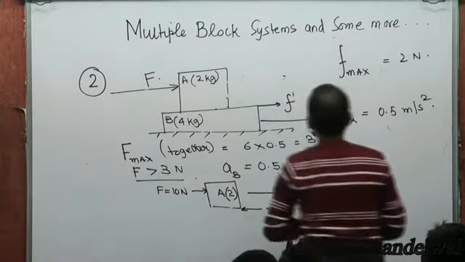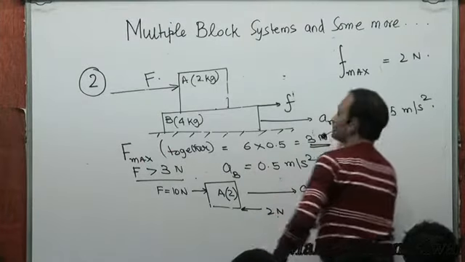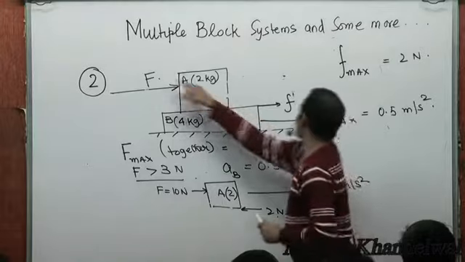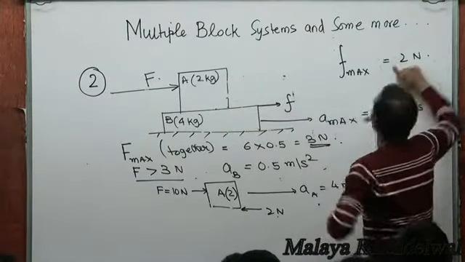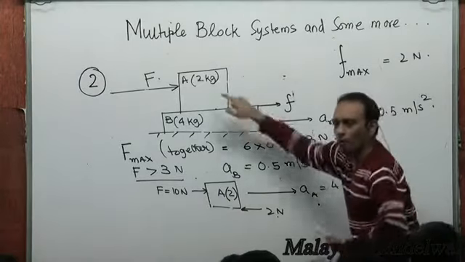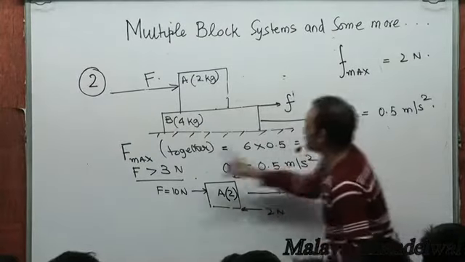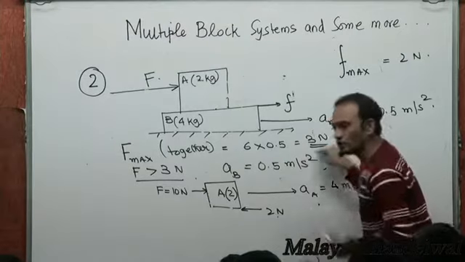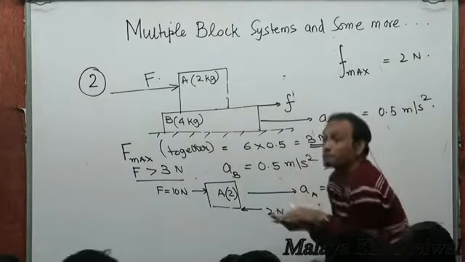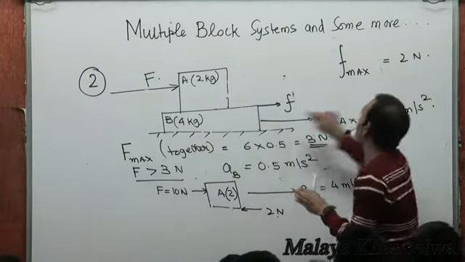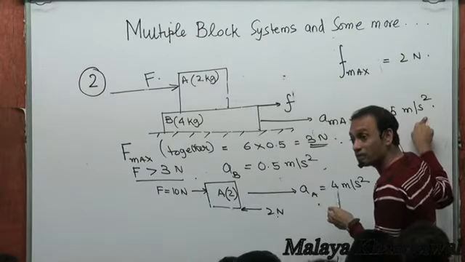For this, the magic number is 3 newtons. When capital F varies from 0 to 3 newtons, frictional force between the two varies from 0 to 2 newtons. The lower block is driven by friction alone. Up to F equal to 3 newtons, frictional force between them remains static. At F equal to 3 newtons, it becomes maximum static. The acceleration of the lower block then becomes 0.5 meters per second squared.